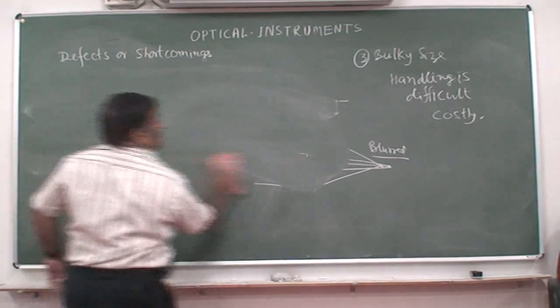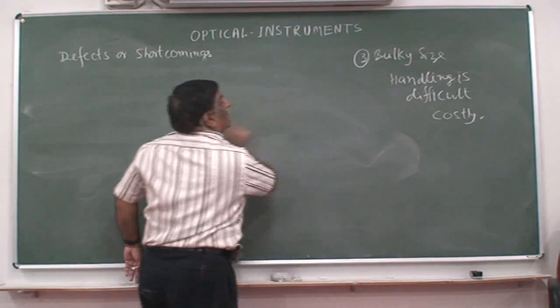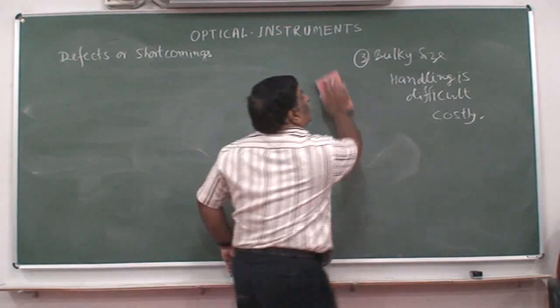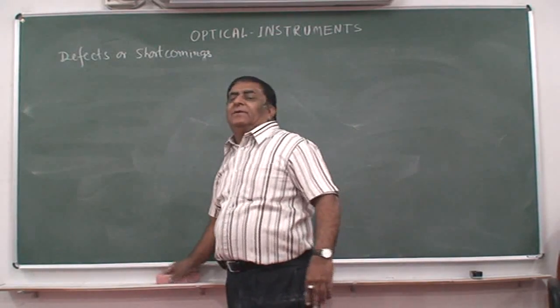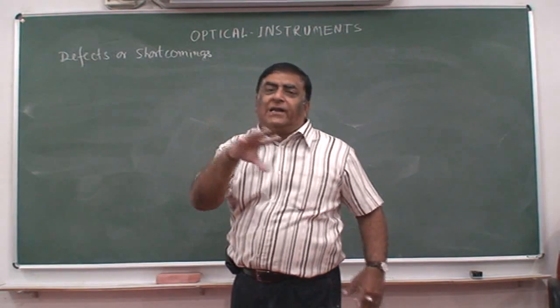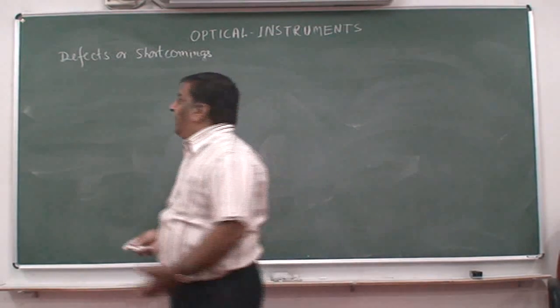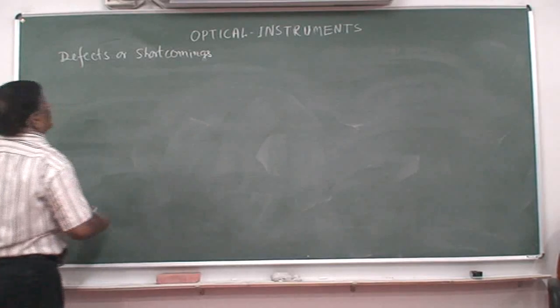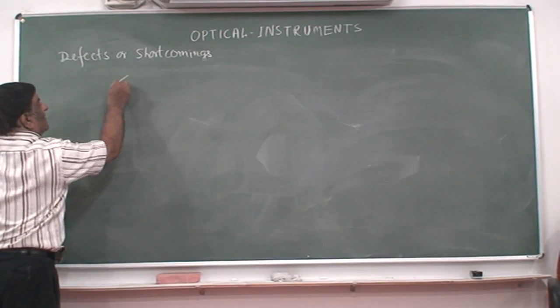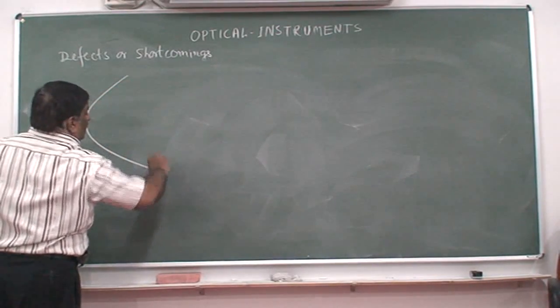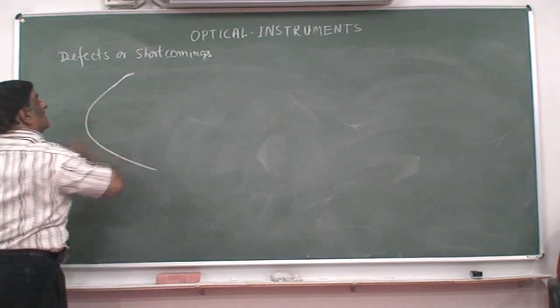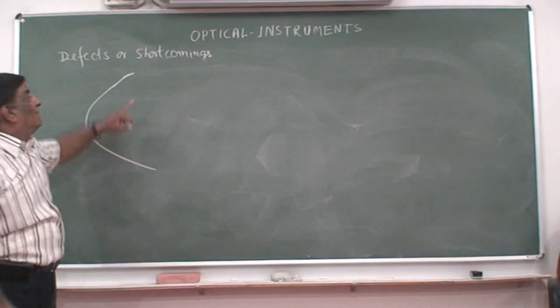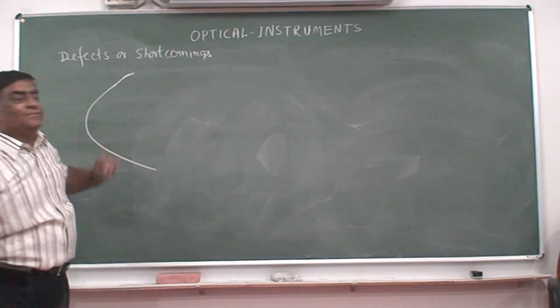We use a reflector. A very simple reflector you have seen in your car headlight. In the headlight of your car, there are reflectors. In the headlight of your motorcycle, there are reflectors. But if you see them very minutely, you will find that they are not spherical in shape, but they are parabolic.